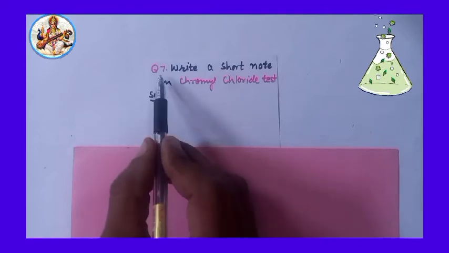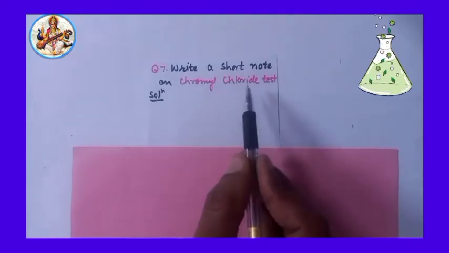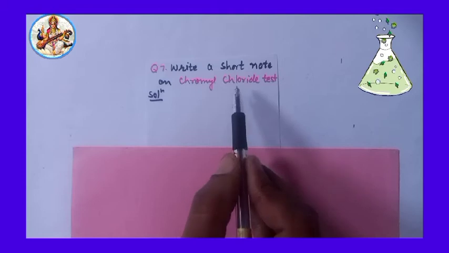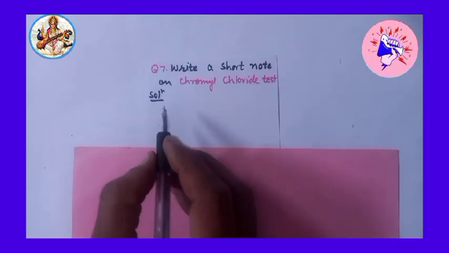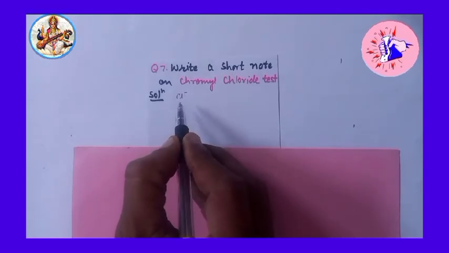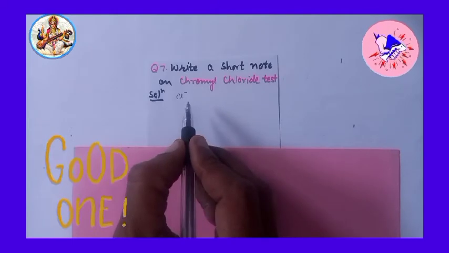Welcome again. Next, seventh: write a short note on the chromyl chloride test. Very important. The answer will be: the chromyl chloride test is used to detect chloride ions in qualitative analysis.